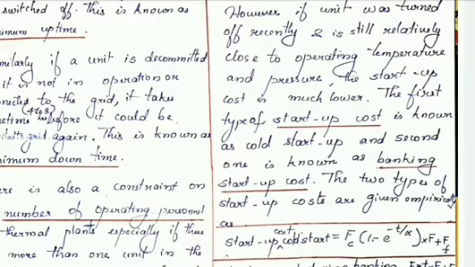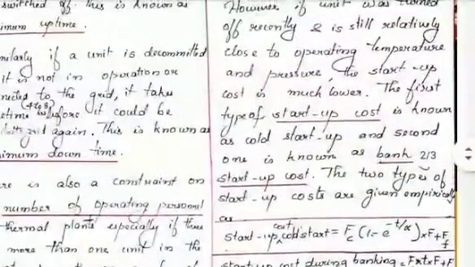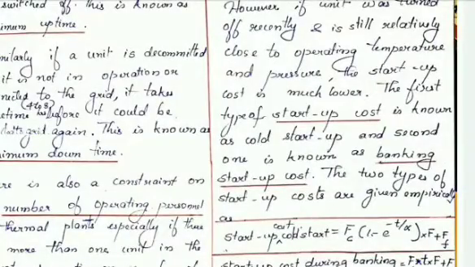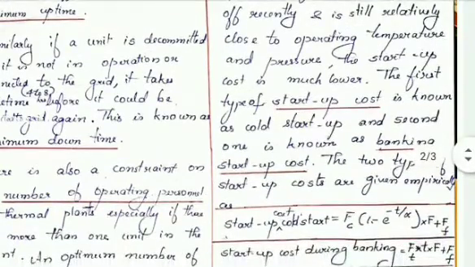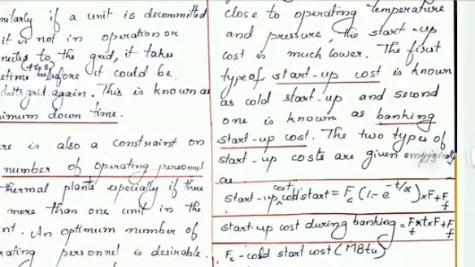The startup from the cold condition is called the cold startup cost. The second one, where the unit was nearly at operating temperature, is known as the banking startup cost.